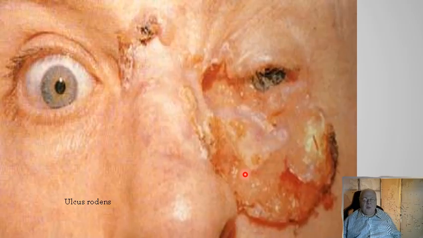And when it infiltrates the neurocranium, despite this otherwise borderline evolution, meaning aggressive locally but no metastasis, such a neglected basal cell carcinoma can kill if it's neglected for so long.